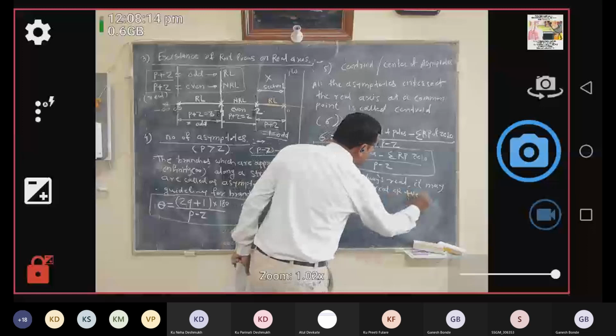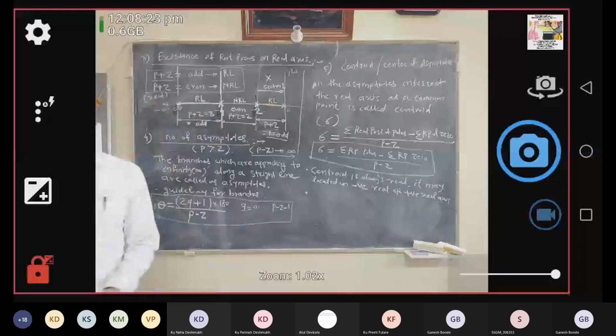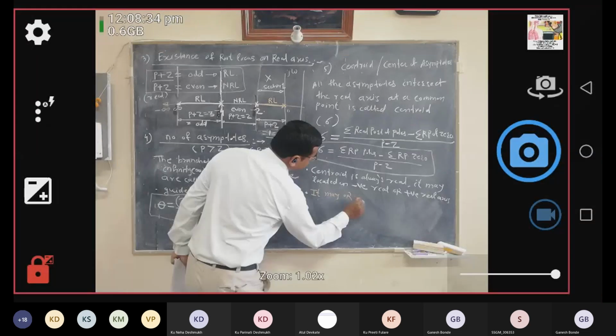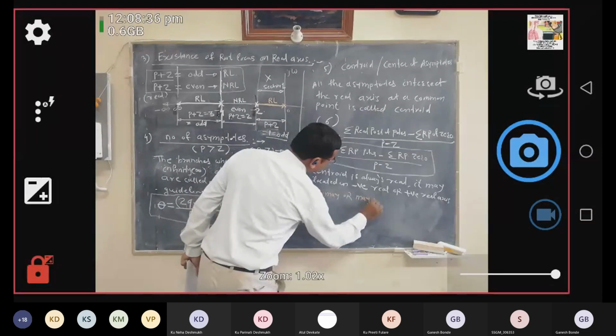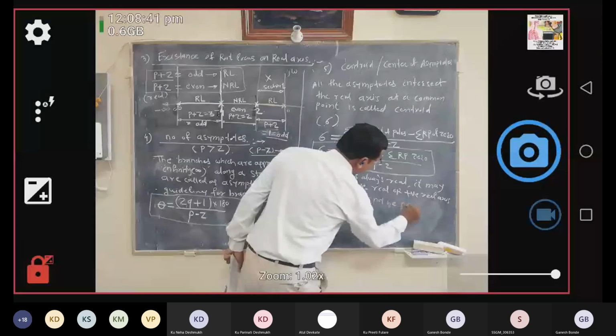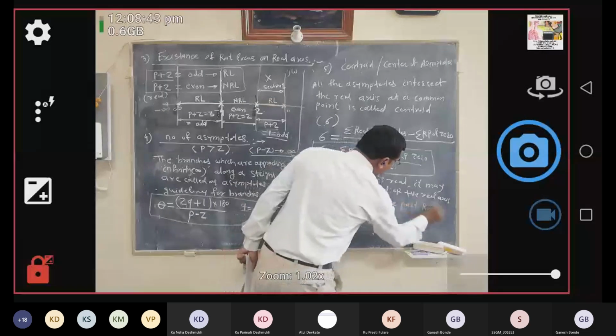Another property is that it may or may not be a part of root locus.